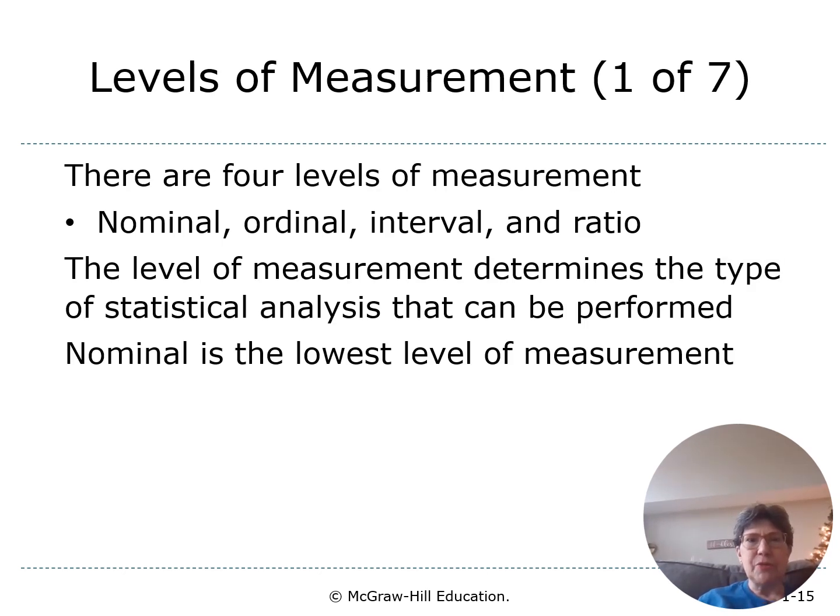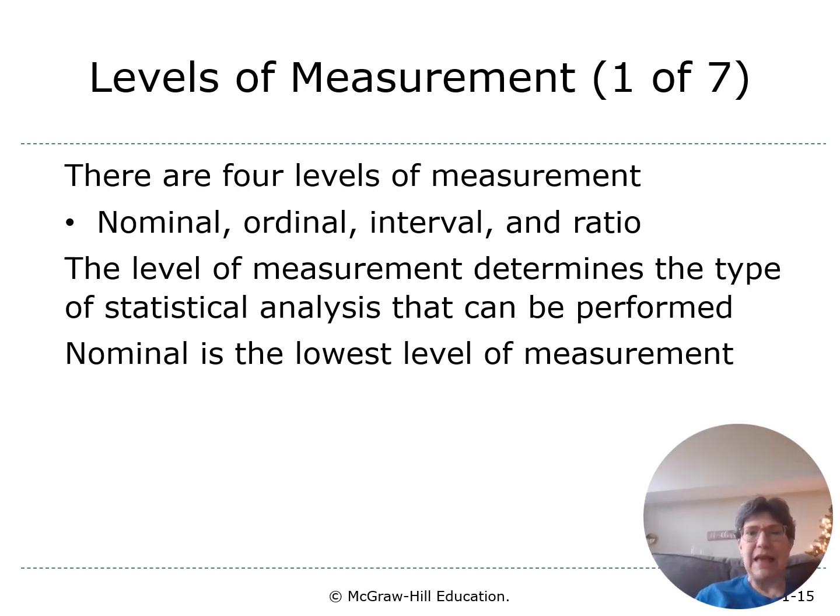The levels of measurement, there are four: nominal, ordinal, interval, and ratio. Nominal is the lowest level of measurement, and it also means that there will not be many statistical tests that we can do on nominal variables. The easiest way to remember it is that nomen, if you've learned Latin, is name.